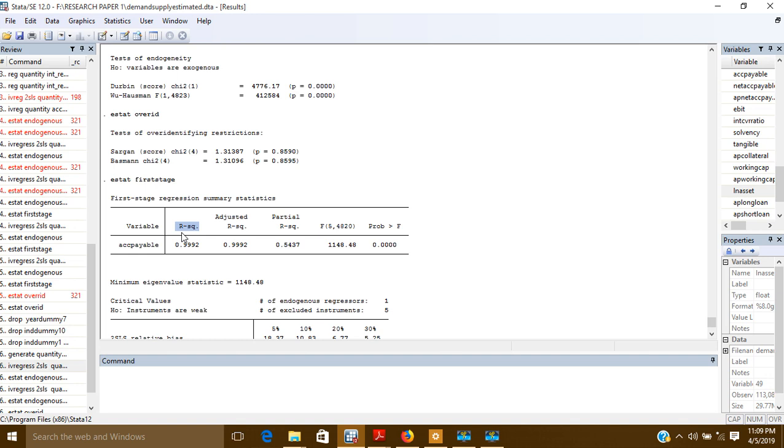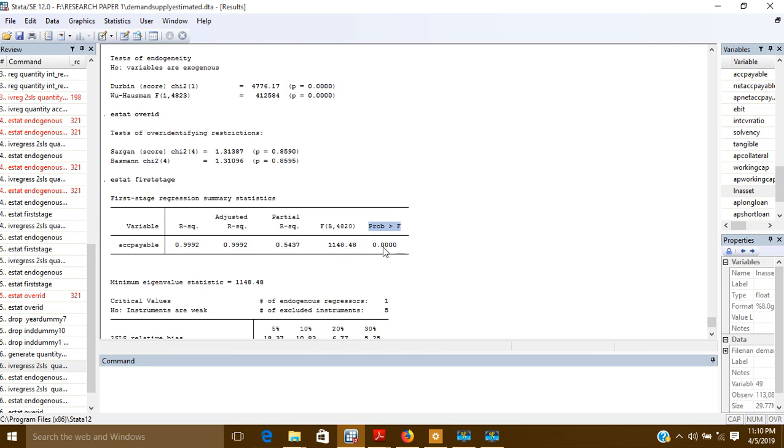Now, but this is not the only indicator. This may be misleading also. We have one more thing, that is this F statistic. If the F statistic is significant, then it means that the additional instruments have significant explanatory power.